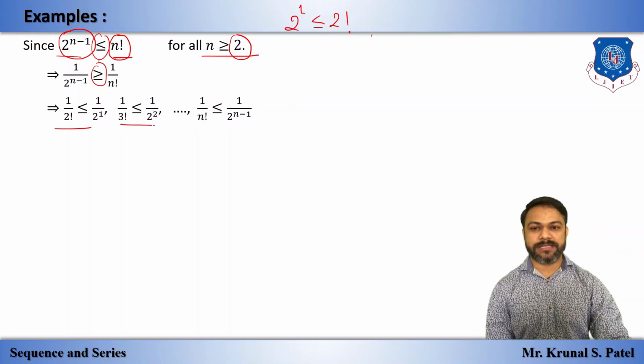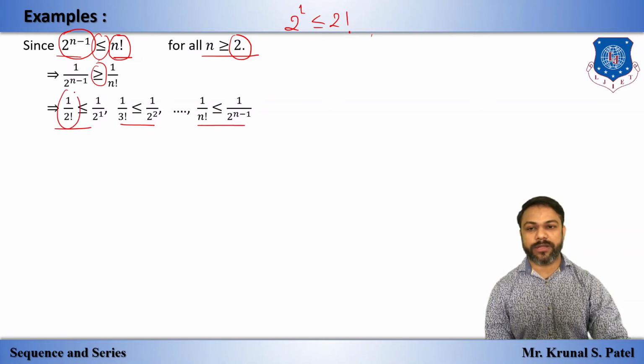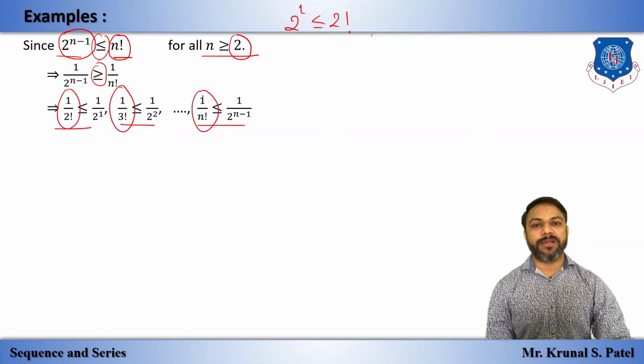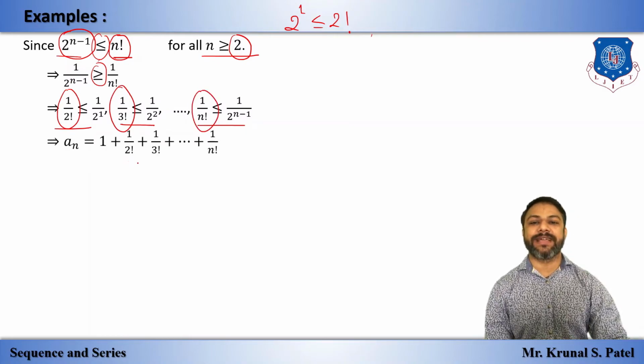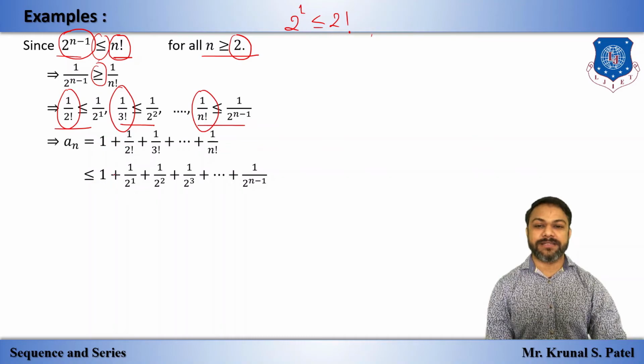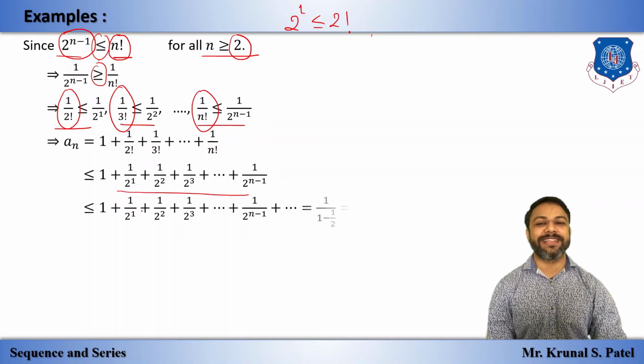So we have this, that means 1 by 2 factorial, 1 by 3 factorial, 1 by 4 factorial, and so on are less than 1 plus 1 by 2 raised to 1, 1 by 2 raised to 2, because we have proved this, and that means this is our geometric series.